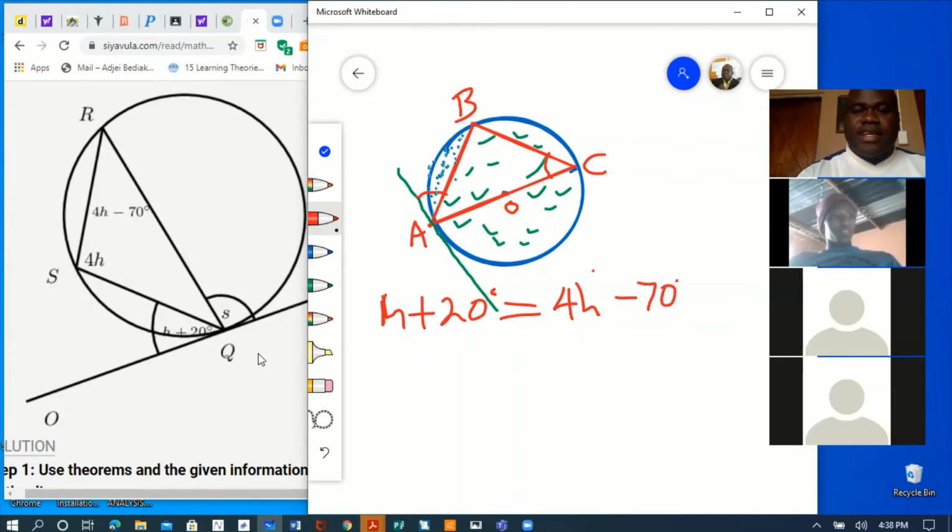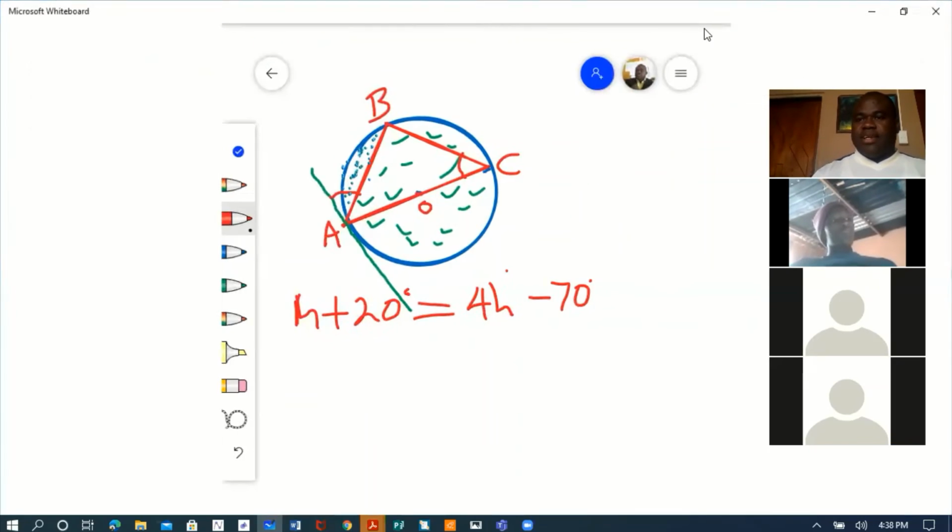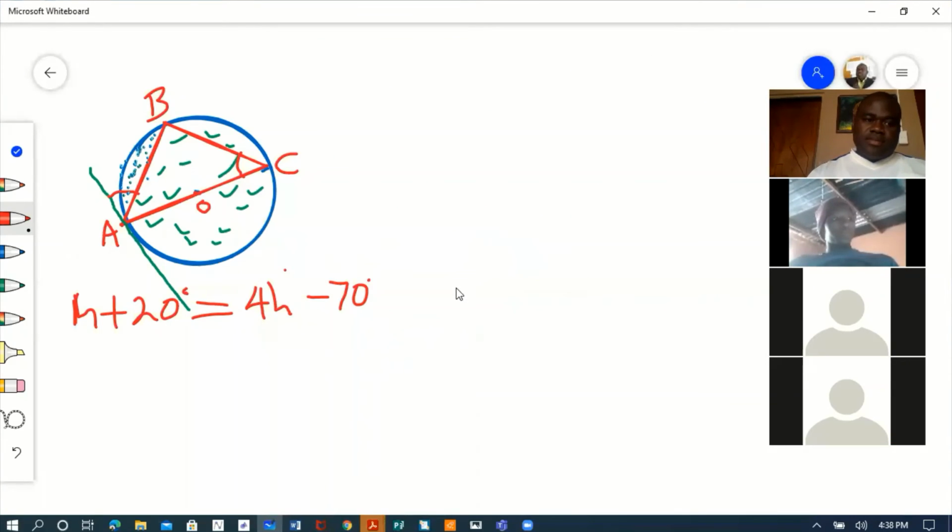And we need to provide a reason, guys. Alternating angles of the same segment. Are you sure, guys? This is H plus 20.